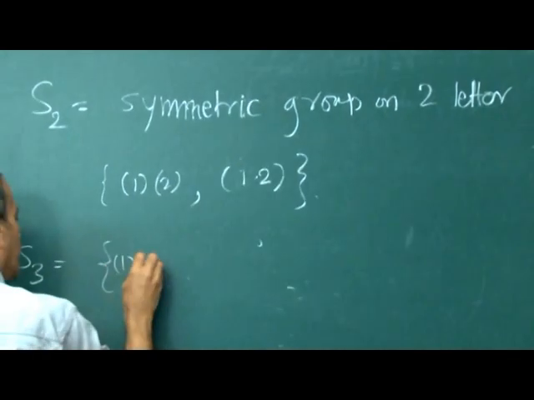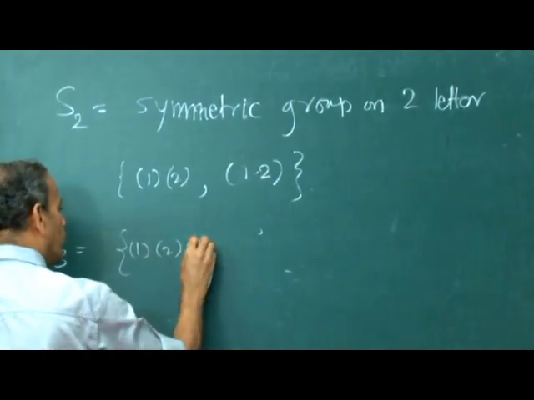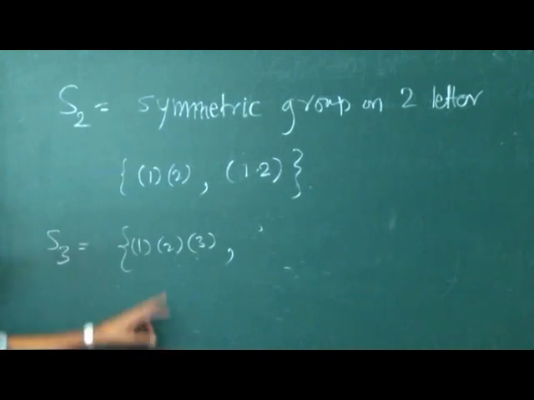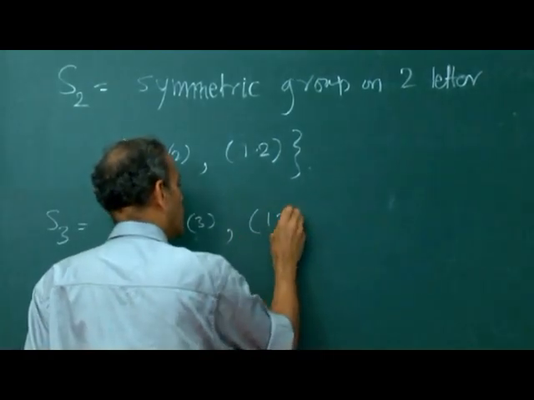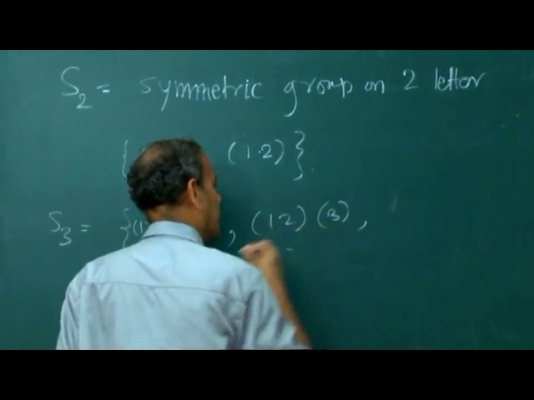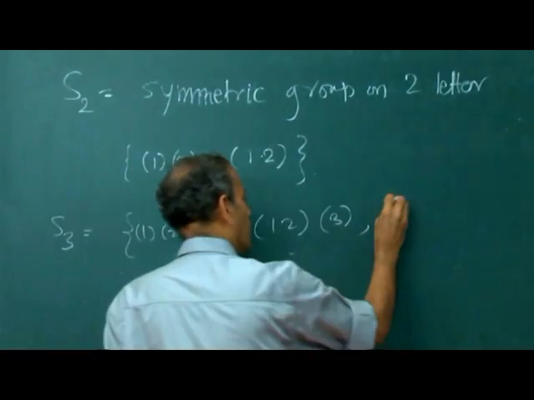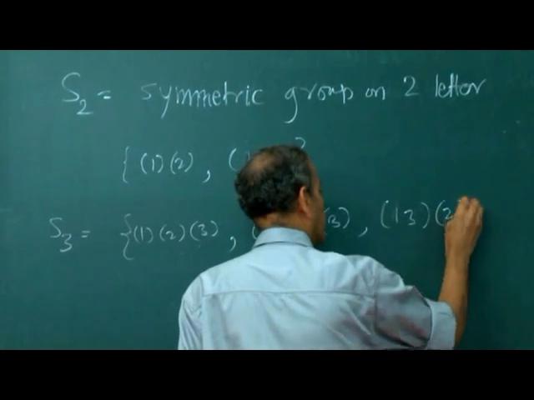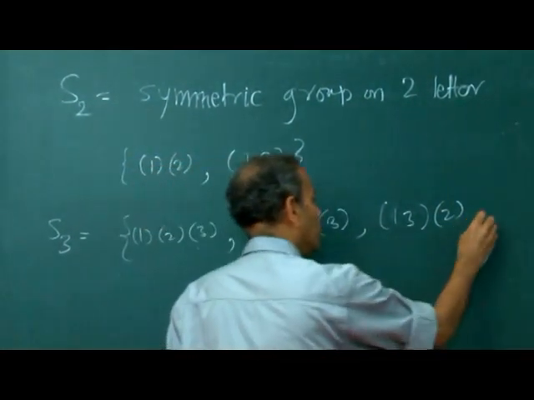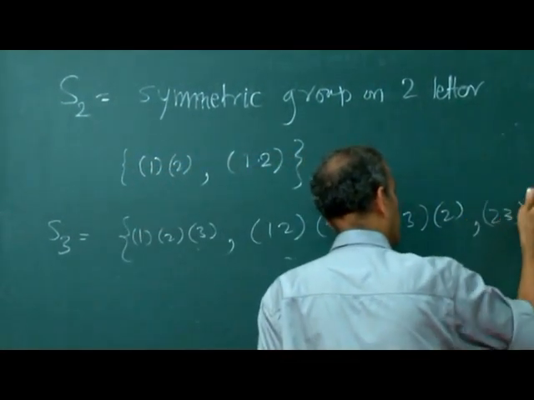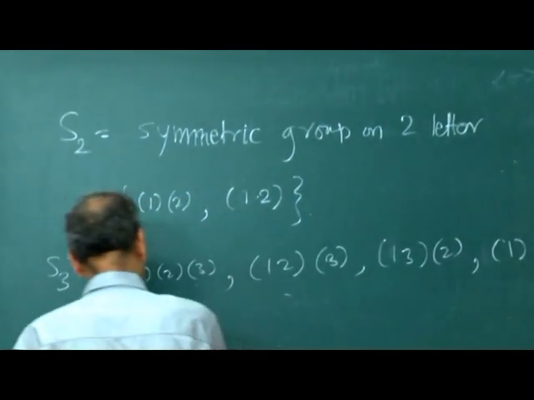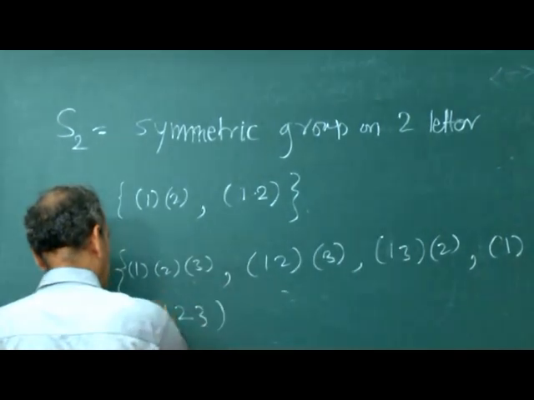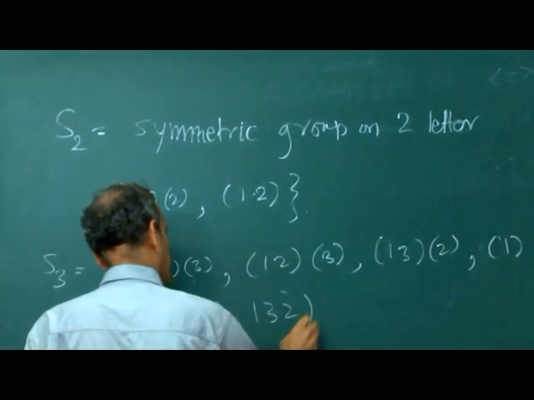Now let me take S3. S3 is 1 goes to 1, 2 goes to 2, 3 goes to 3. This is the identity permutation. Then 1 goes to 2, 2 goes to 1, 3 goes to 3. Then 1 goes to 3, 2 goes to 2. Then 2 goes to 3, 1 goes to 1. Then 1 goes to 2 goes to 3, and 1 goes to 3 goes to 2.